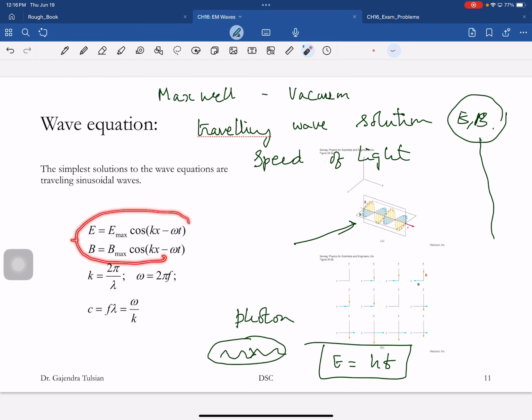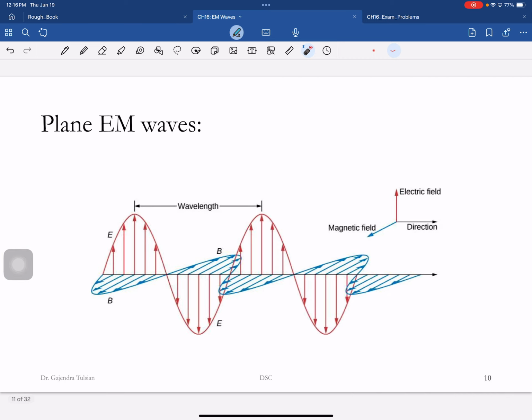Okay, E, so you have sine and cosine wave solutions. There's the amplitude of the wave, there's the wave number, and that's the angular frequency. Okay, and these solutions, if E is in the y direction, B is in the z direction. And these guys look like this.